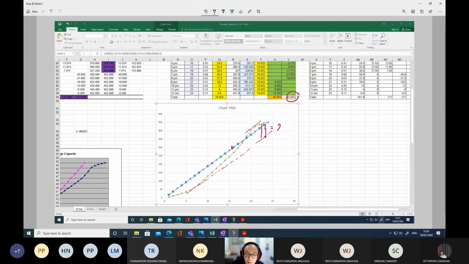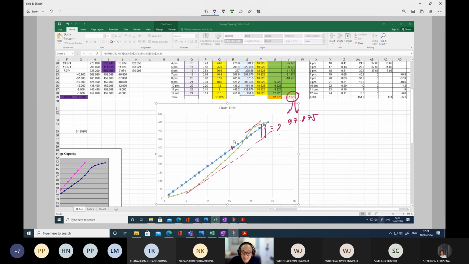Even though you are going to find the value from this graph, it should give the same volume that you obtained from the analytical methods. Here you should get 97.875. It's the same as you get from these results, or you can use the analytical methods that I suggest.